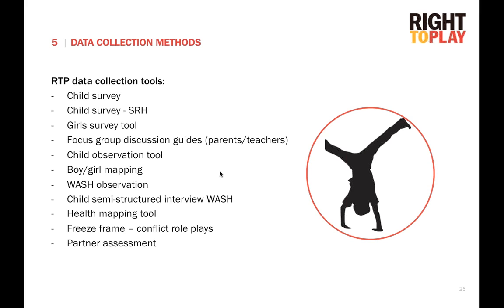And to be very honest, you may not be familiar with all of them because some of them won't be relevant to your specific programs in your country. And that's okay, because we're going to work through developing all of these together, and then we'll make sure that everybody's using the tools that are appropriate and relevant for their country. So don't be overwhelmed by this list. It was just meant to be a bit of an example of the different tools that we're working on at this point in time.